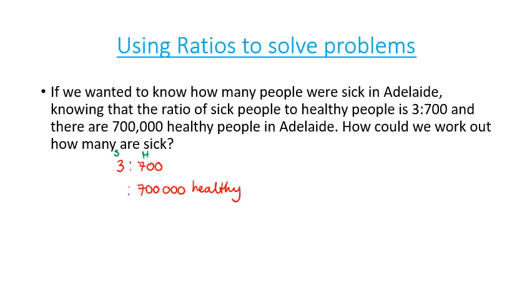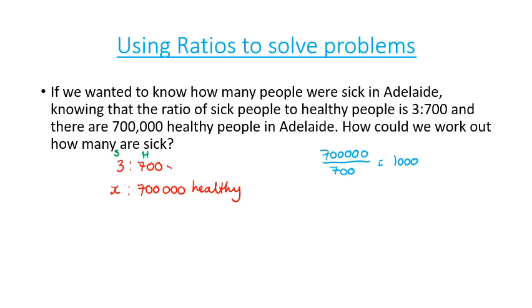But we don't know, and I'm going to put it as an X, how many sick people there are. But what we can do is work out our multiplier in this particular case. We work that out by having 700,000 and dividing that by our ratio of healthy people, 700, and that gives us 1,000. So our multiplier is 1,000.